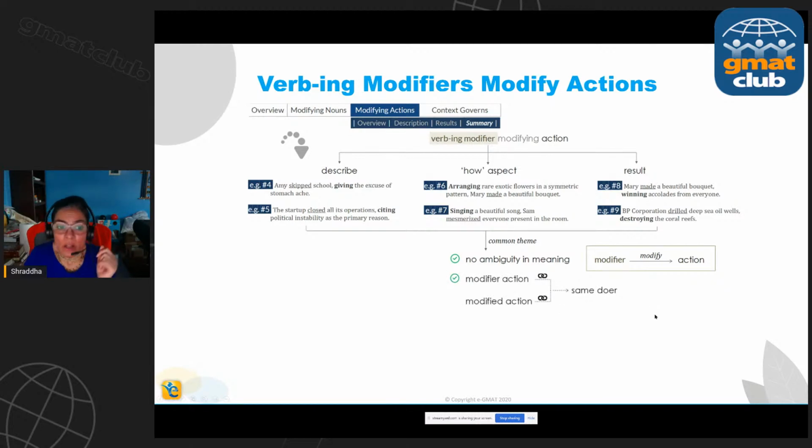And also, there is one very distinct, I would say, criterion for the correct usage of the verb ing modifier. It's that the doer of the modifier action and the doer of the modified action must be the same. And you can actually see this in each and every sentence that we have used here.